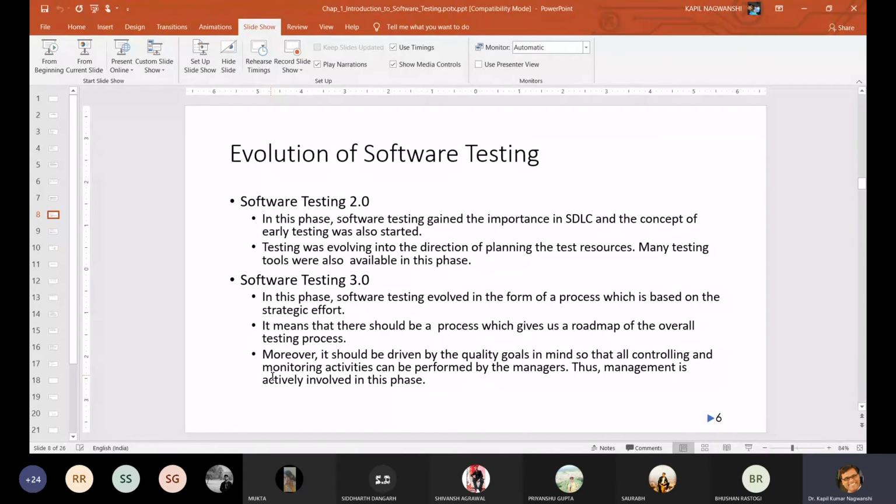And this testing is quite an interesting and useful job, and on-site testing, offshore, varieties of profiles are available. So those who are very interested in finding errors, or those who are very keen to find errors, they need to join this software testing industry. Okay, maybe as a test developer or maybe as a tester.